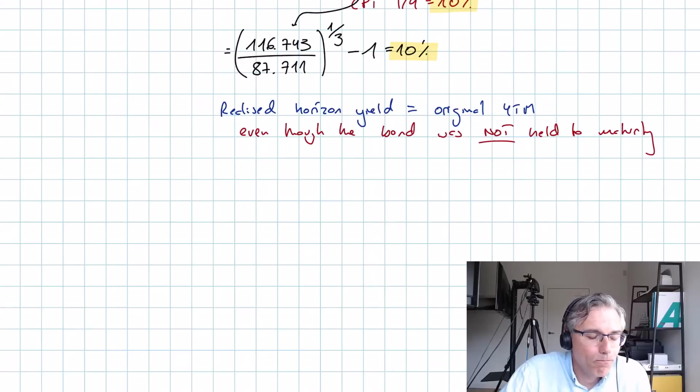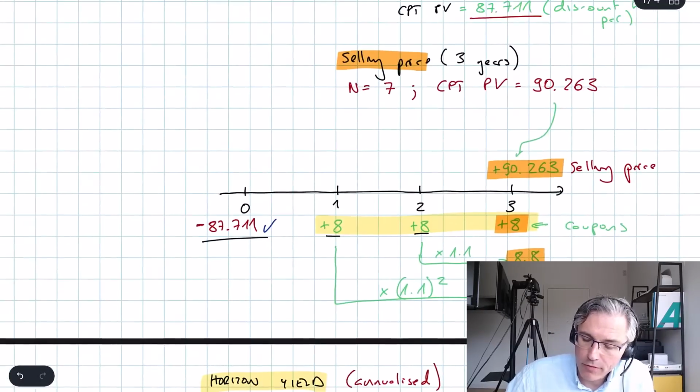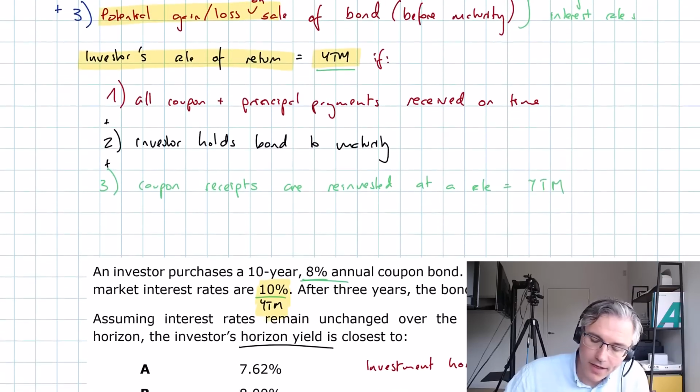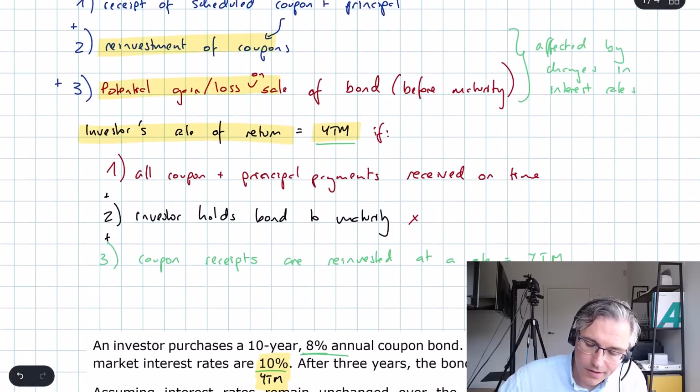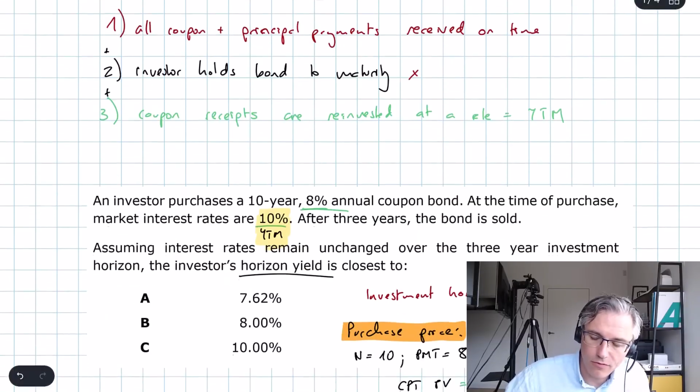And you have to appreciate why this happened. After all, we broke one of the conditions previously laid out: investor holds the bond to maturity. Well, now, in this case, they didn't. So how come the investor's rate of return was equal to the YTM?